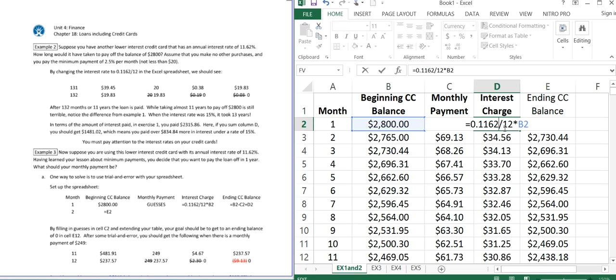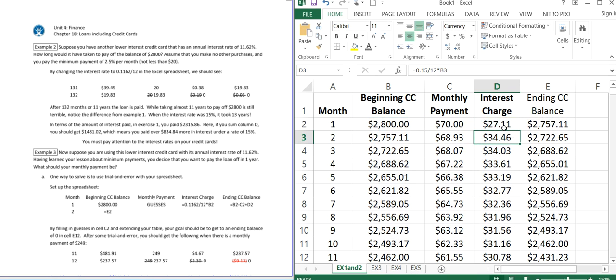But I want you to notice something here. When I hit enter, that has only changed this first value in column D, cell D2. I have not changed what's going on down here. Look at in cell D3, I'm still at this 15%. And a good clue that this is happening, the interest shouldn't be $27 in the first month and then basically $34.46, $34.03.